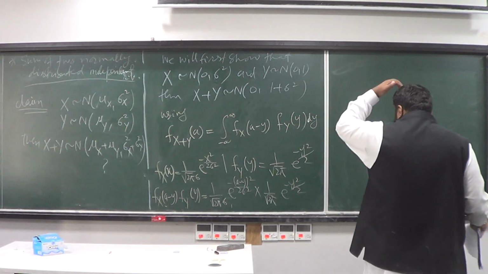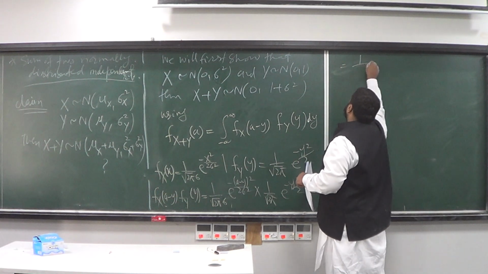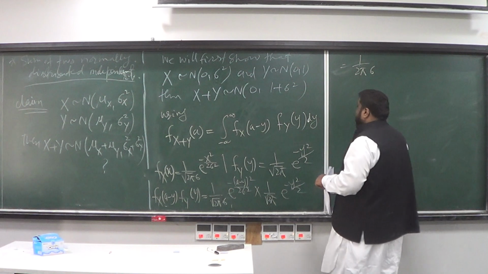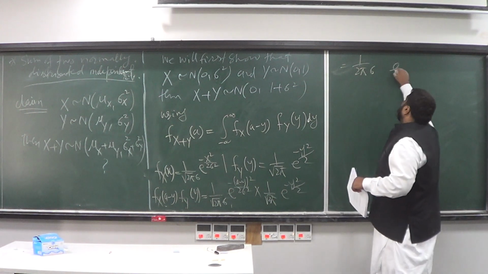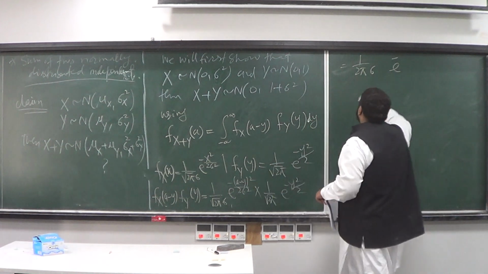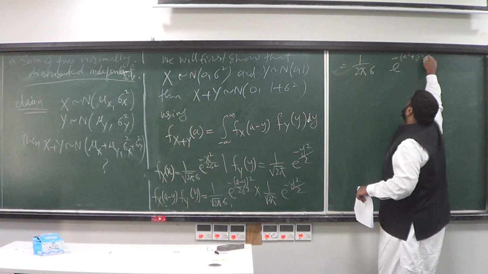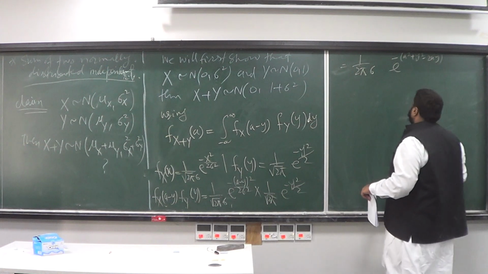If you simplify this a little bit further, you're going to get 1 over 2 pi sigma and e to the minus, a square plus y square minus 2ay.